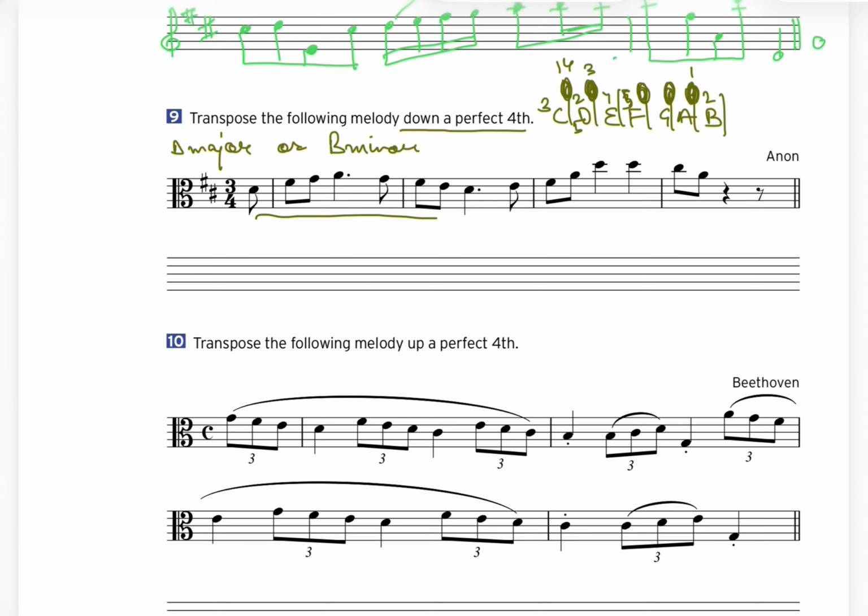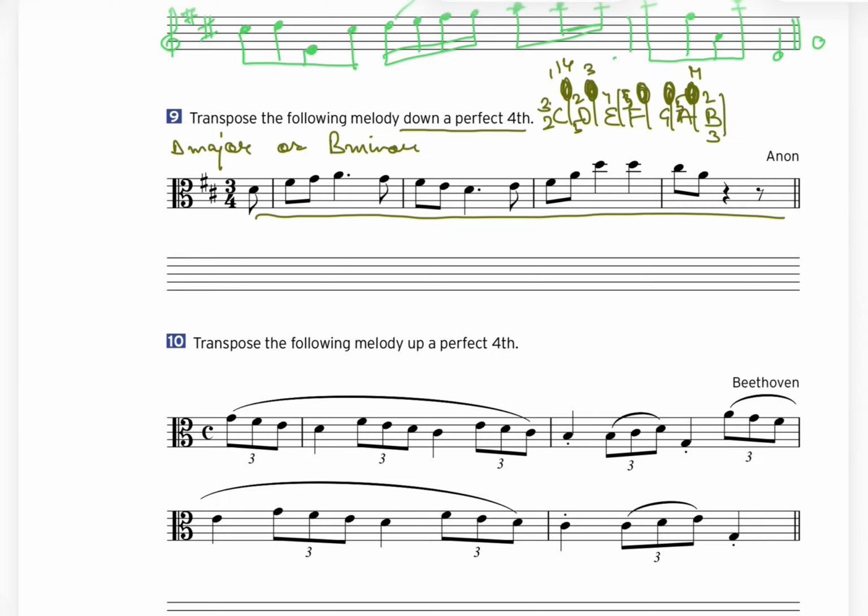There are no accidentals, so that means we are at D major. Now if we have to transpose from D major down a perfect fourth, we are here at D, so 1, then C is 2, B is 3, this is 4, and this is 5. We reach A major. Okay, so that means we have to transpose it to A major.